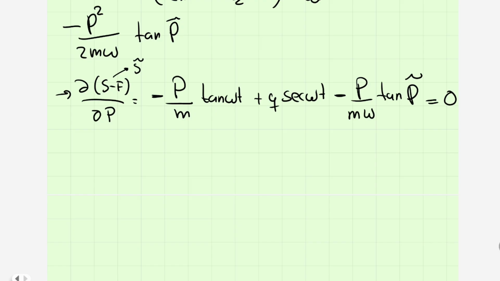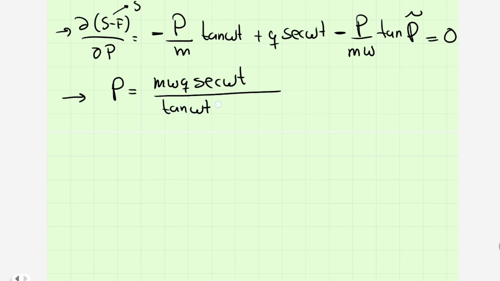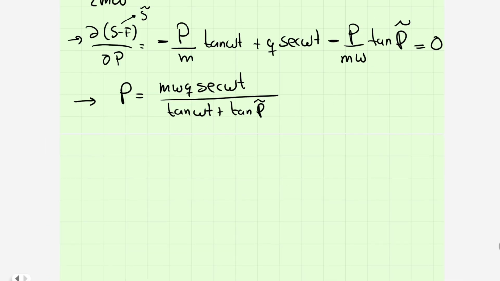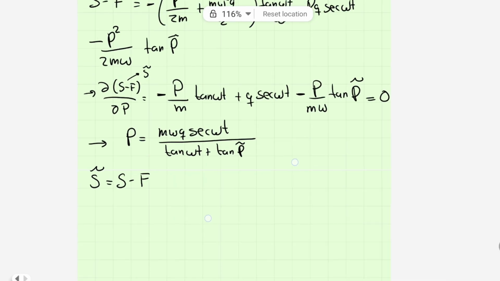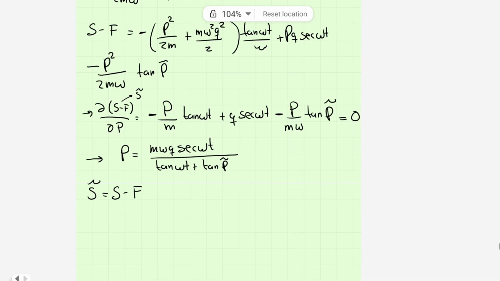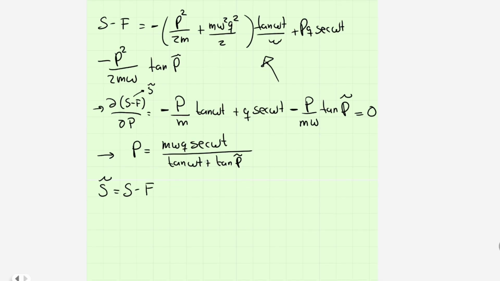Okay? So if we solve this equation for P, we get that P is equal to m omega q secant omega t divided by tangent omega t plus tangent P tilde. Okay, perfect. So we know that s tilde is defined to be s minus f, and s minus f is all these things that we have here. So we are going to take this value and plug it into this equation.